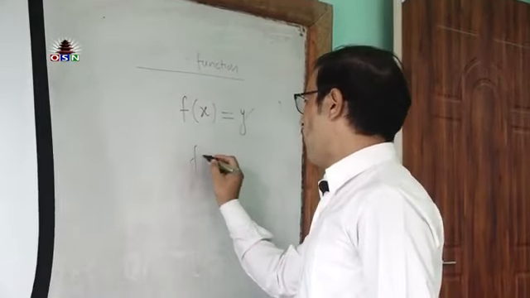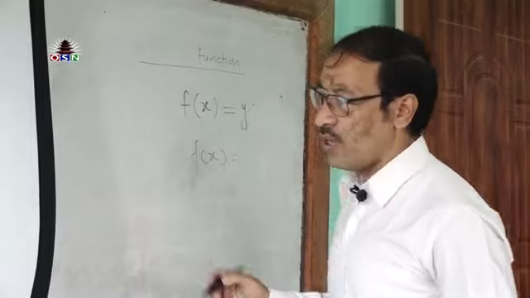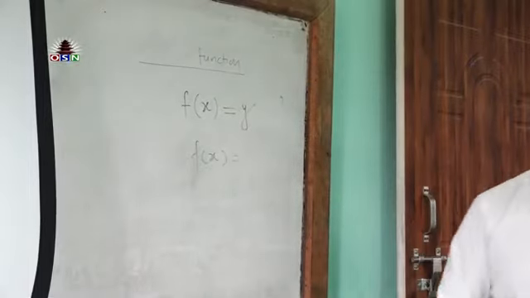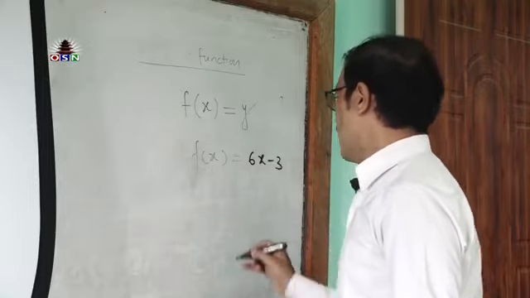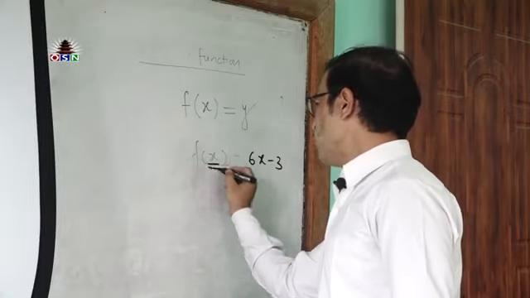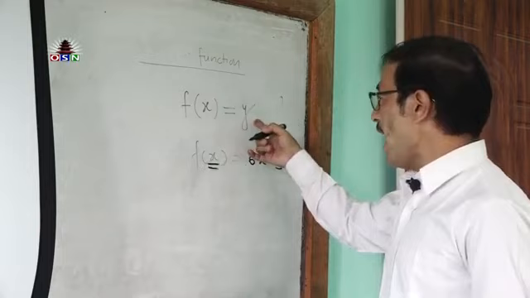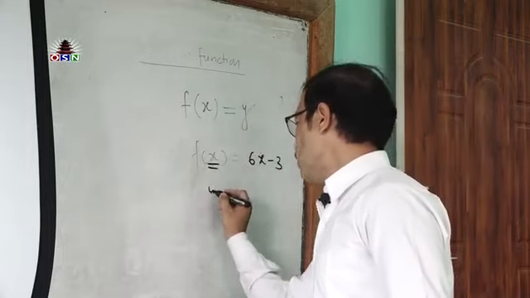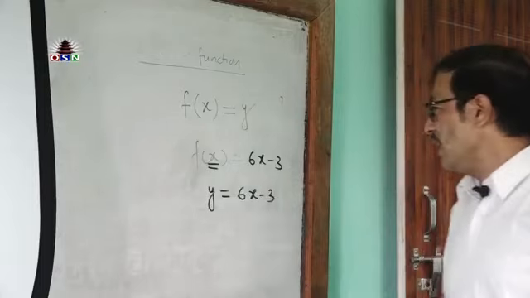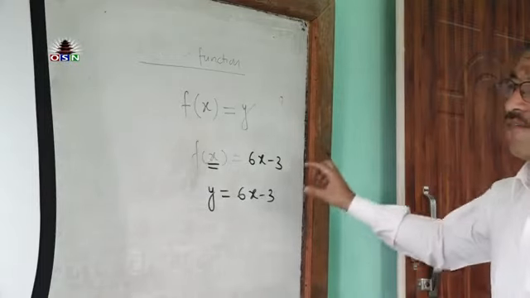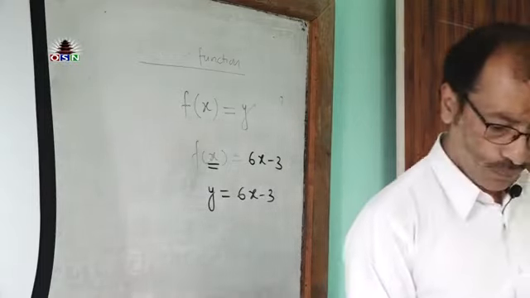Then f(x) is defined by an equation, the equation 6x - 3. When x is the input, you will get y as the output. So in place of this, you write y = 6x - 3. This is an equation, a functional relation given to you.